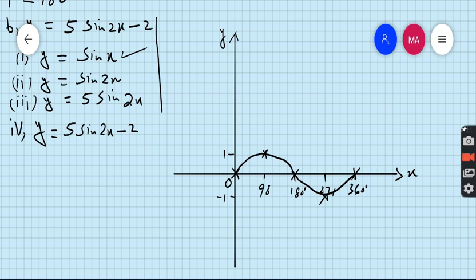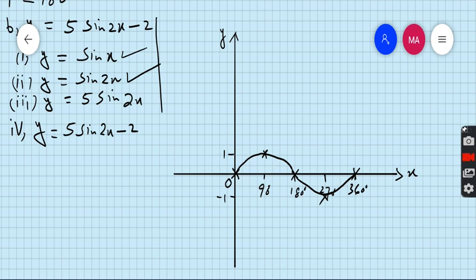Now we have to draw the graph of sine 2x. Okay, we are talking about equation number 2. I am using green color for drawing y is equal to sine 2x.